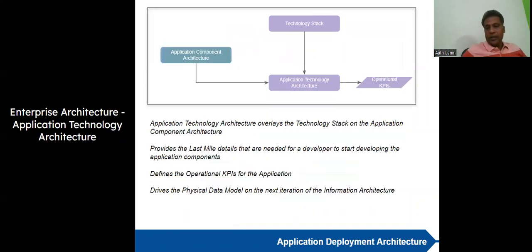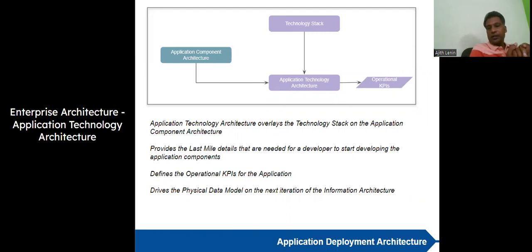Let's look at application technology architecture first. Application technology architecture basically overlays the technology stack we choose in the previous exercise, the technology landscape. So we take an application and its component architecture, which we defined on the application architecture side, take the technology stack, and overlay it.